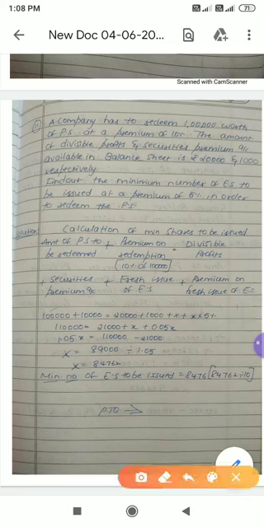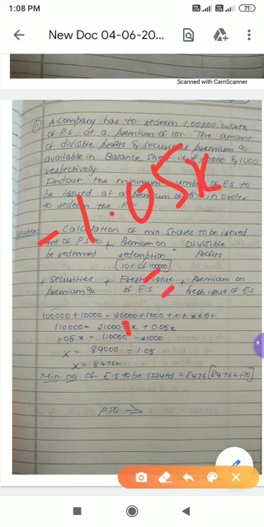Now both are X variables. If nothing is written, 1 is there. So 1x plus 0.05x will be 1.05x. First we take the x variable to the left hand side. So minus 1.05x is equal to 21,000 minus 1,10,000.